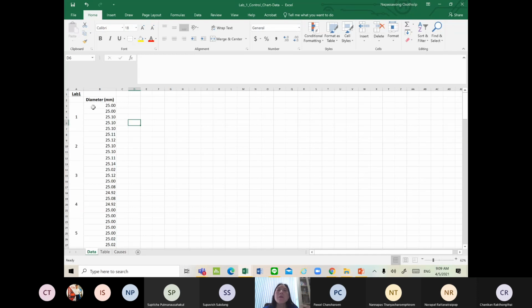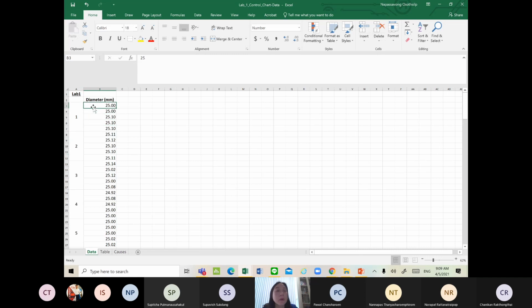Per time means for each sampling, in this case for each hour, you will take a sample of 5 parts on average. Like in this example, 1 here means subgroup 1. Subgroup 1 may be the data that you produce from 8 o'clock to 9 o'clock, and then you sample 5 parts during that hour.